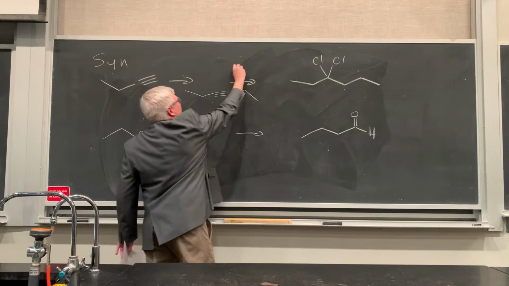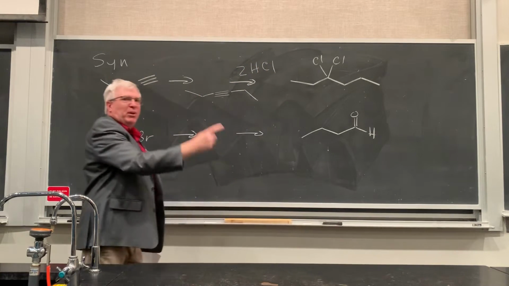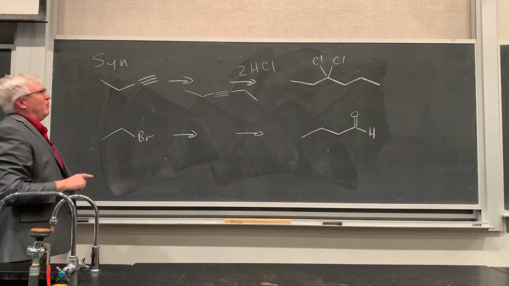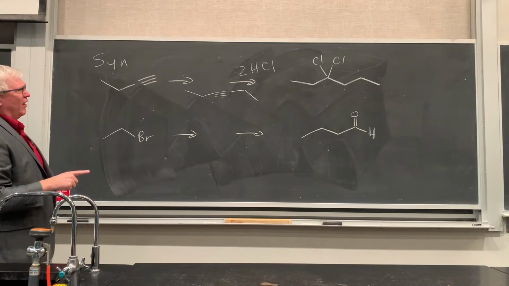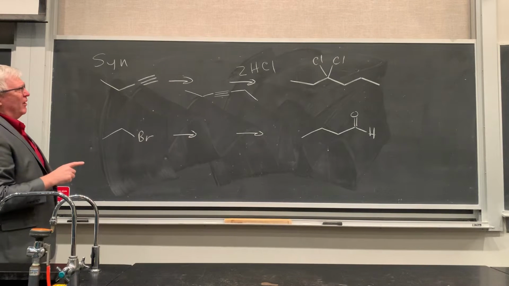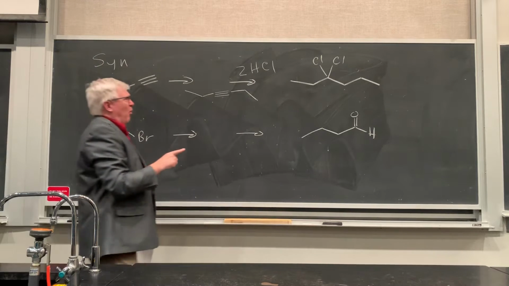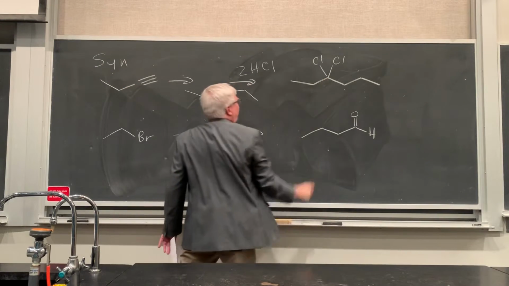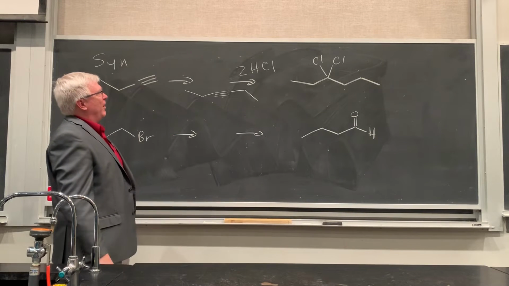Well, we should know that reagent, right? So 2 equivalents of HCl. So kind of planning, going backwards, you can see we can do the hydrohalogenation with 2 equivalents of HCl, and that will give us the geminal dichloride. You can go through the mechanism and remind yourself there of why the second one goes there. With that selectivity, we have that resonance effect of the lone pair on the chlorides.